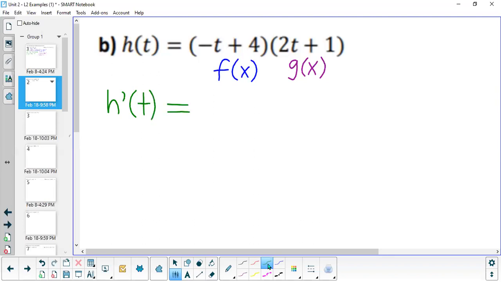Remember, the derivative function helps us find the slope of the tangent line when we substitute x values into it after. So I'm going to take the derivative of my first function. So I'm using blue. Negative 1 would be the derivative of my first function. I'm multiplying that by my original g of x, 2t plus 1.